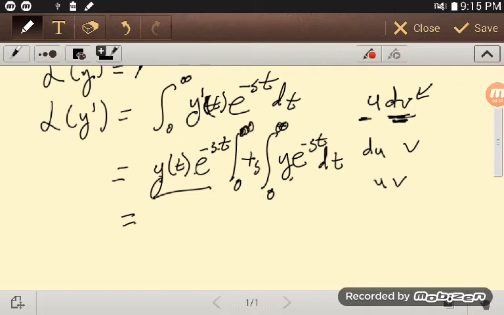We don't know a lot, but we know that must go to 0 because the Laplace transform of y exists, and we see the Laplace transform right there. So we know that must go to 0. However, when we put in 0, we'll get a minus y of 0 from this first part, and then plus s times the Laplace transform of y.